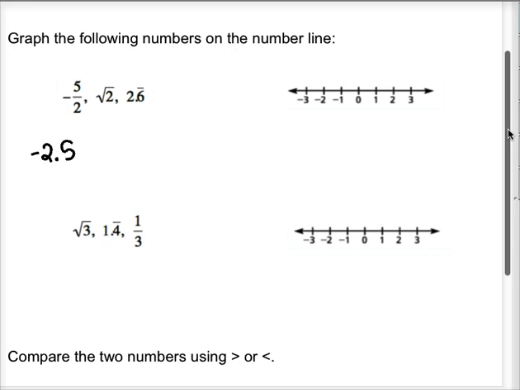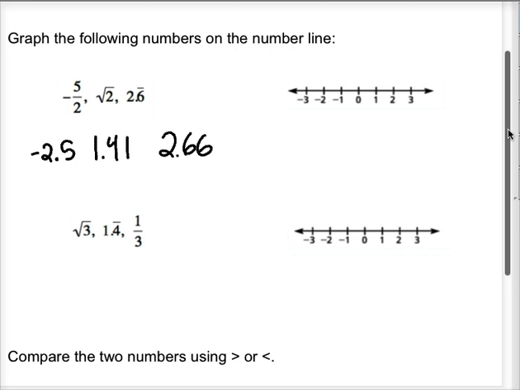You type in the square root of 2, you get a little over 1.41, and then 2.6 repeating. We're going to round off to 2.66. Technically, that should be 2.67, but for the purposes of just putting on a number line, that is going to be fine.